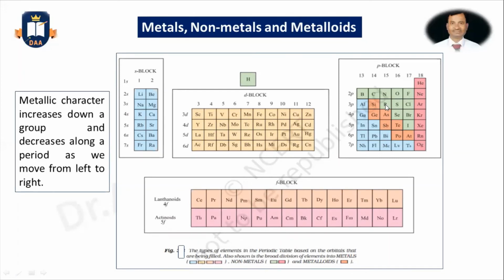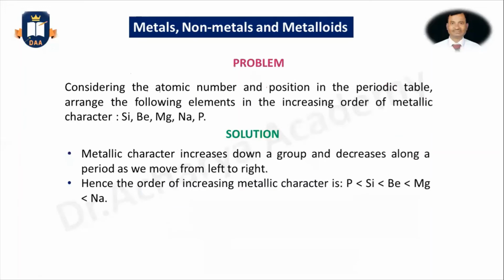If you consider the metallic and nonmetallic character along period and group, then you will find the answer. So the solution: the metallic character increases down the group and decreases along the period as we move from left to right, and hence the order of increasing metallic character is this.